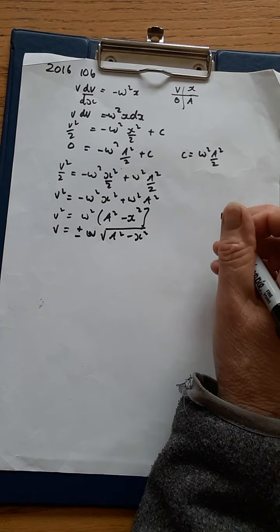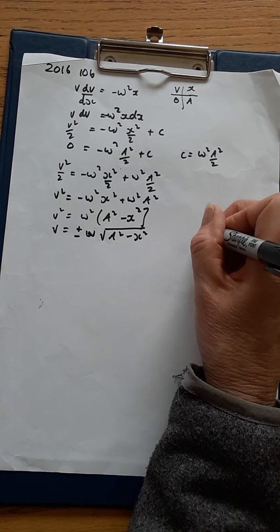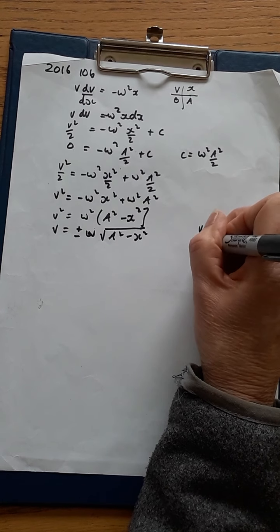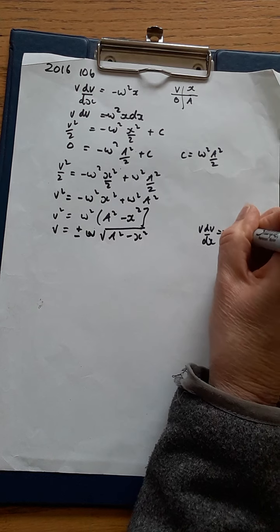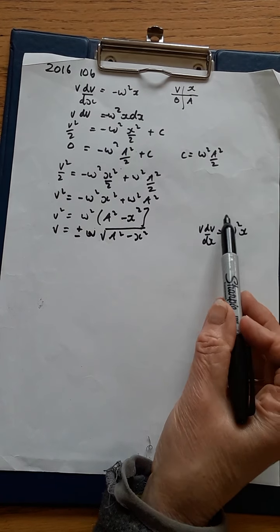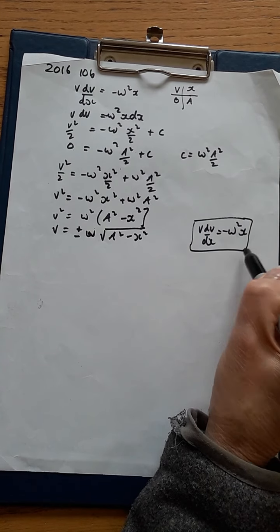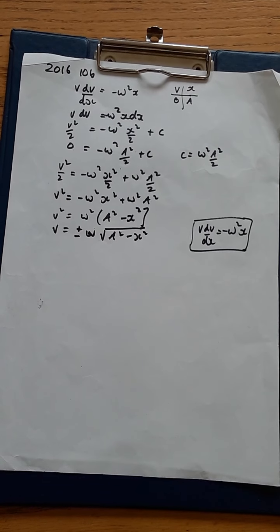If you start from the original equation of v dv dx is equal to minus omega squared x, this won't give us an expression for x in terms of a, omega and t. So there's no t. If I use this equation, it doesn't bring in a time. So therefore, I'm going to need an equation that will bring in a time.